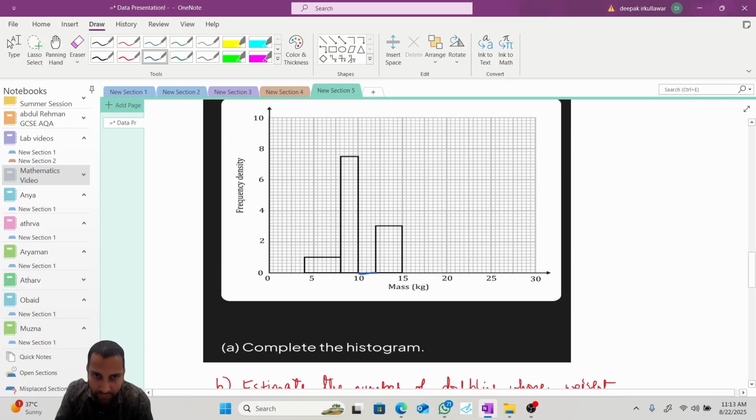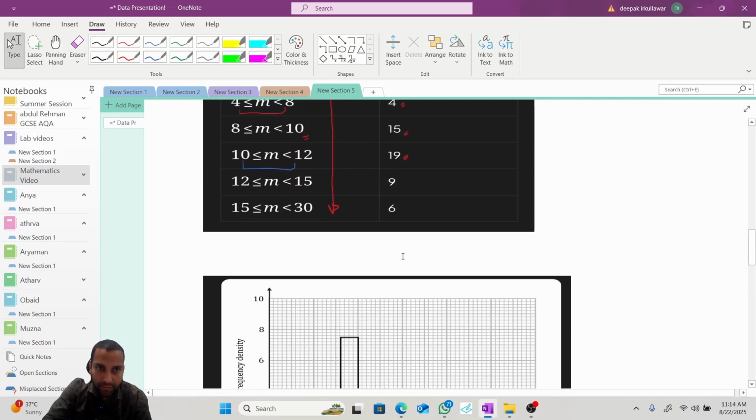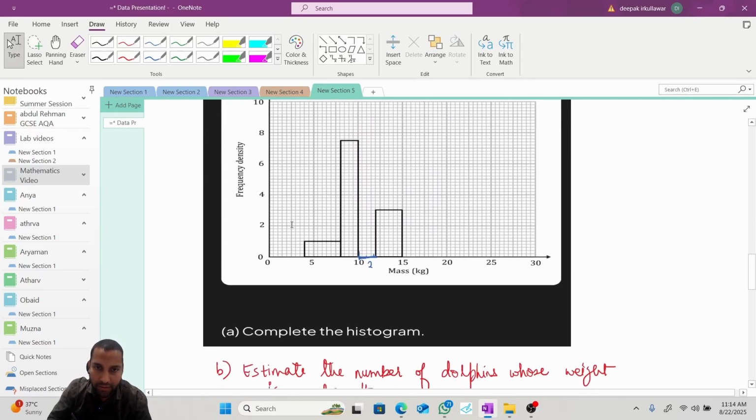What is the next one? It is from 15 to less than 30, that is 29, right? From 15 to 29, just below 30. Okay, so this is my class width.